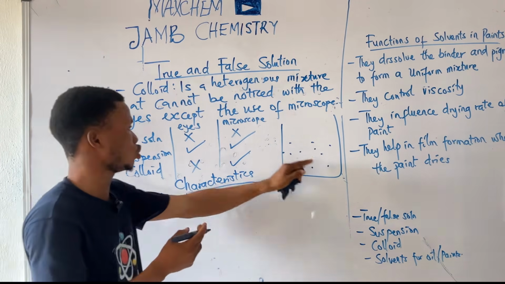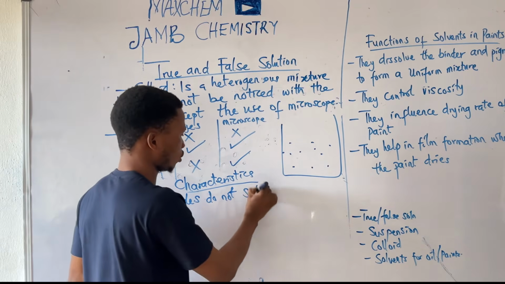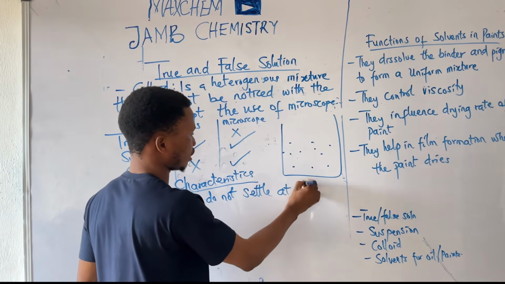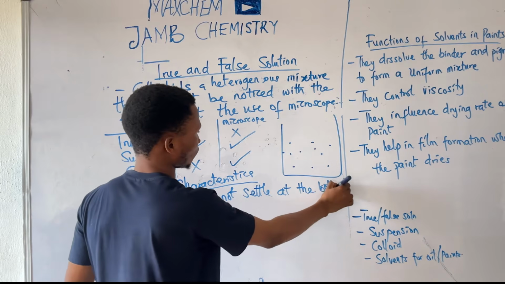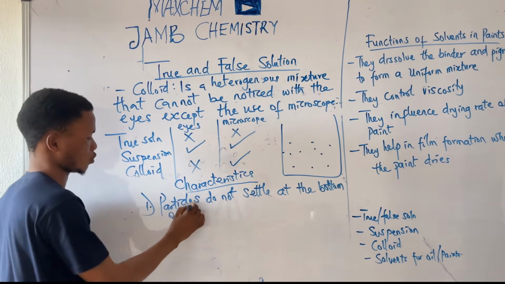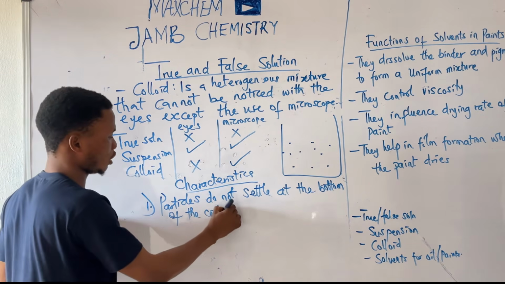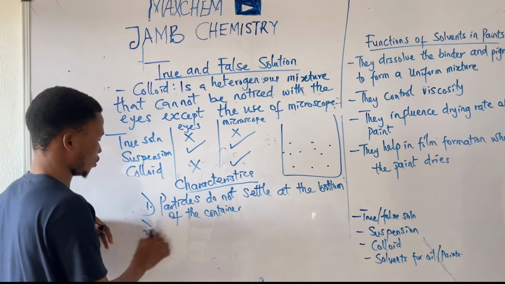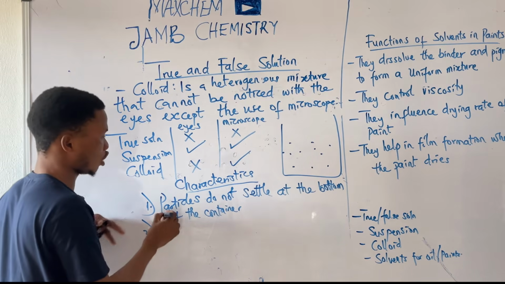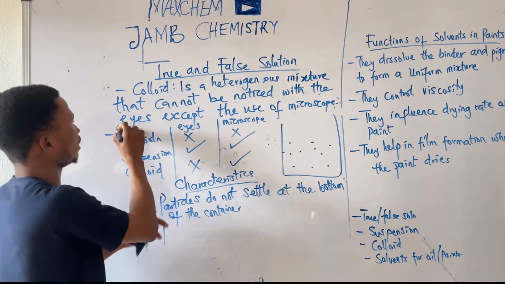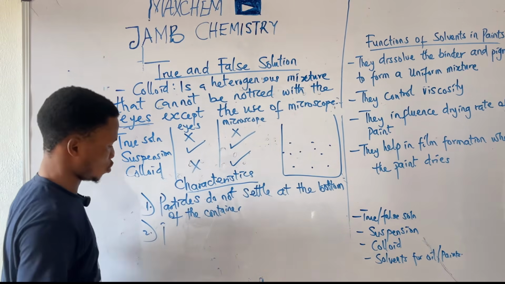So the particles do not settle at the bottom of the container. So that is number one. Number two, the particle size cannot be noticed with our eyes except you use microscope.